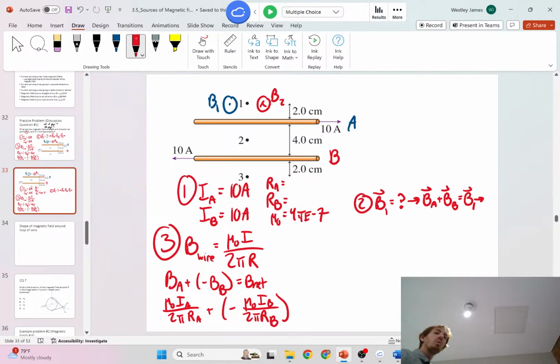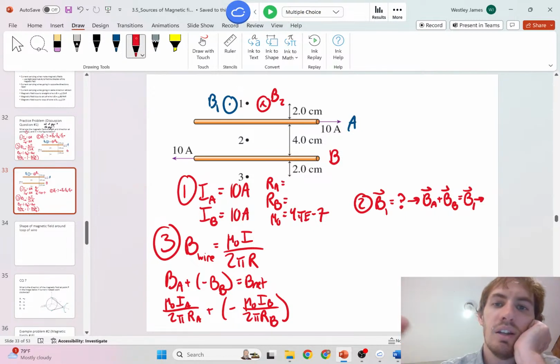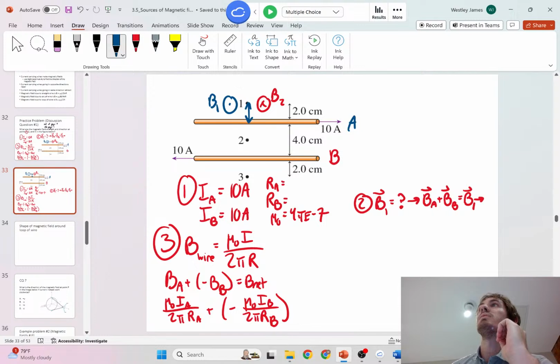So a reminder to you all, R is the distance from the wire to that spot. So RA is the distance from wire A to that spot. RB is the distance from that wire to that spot. So if we look at our picture, RA is this distance, which is 2 centimeters.